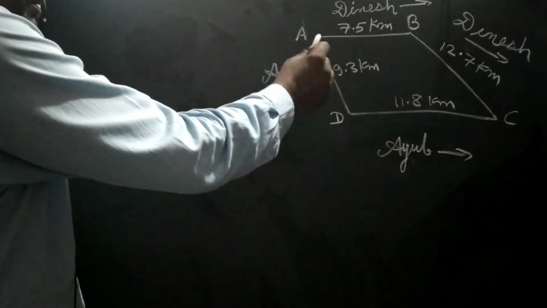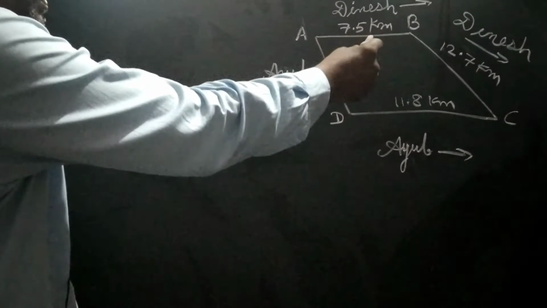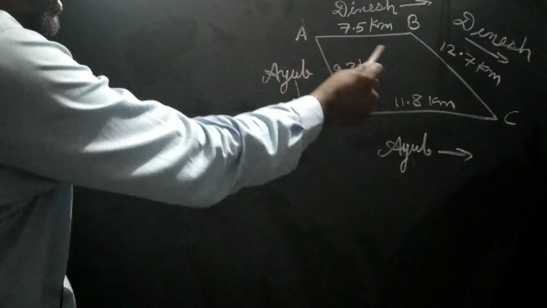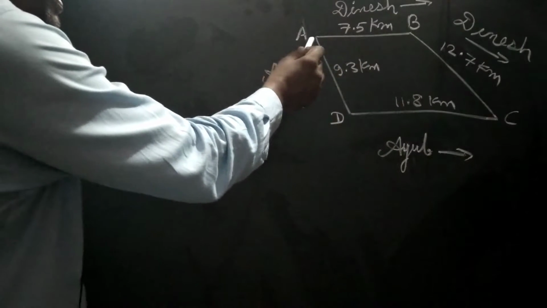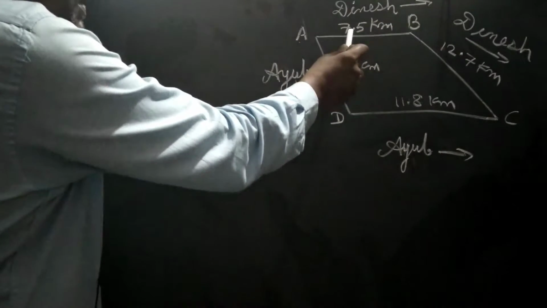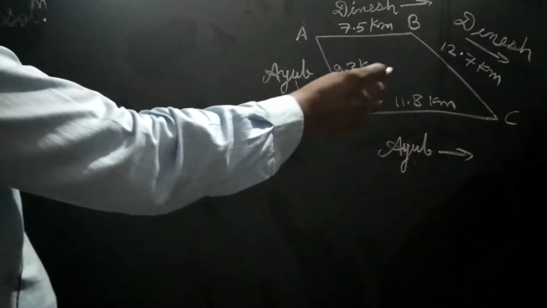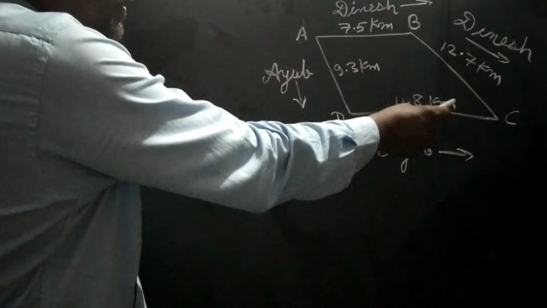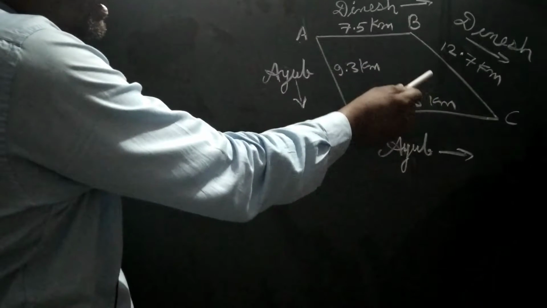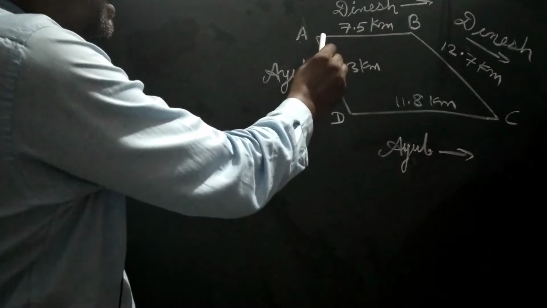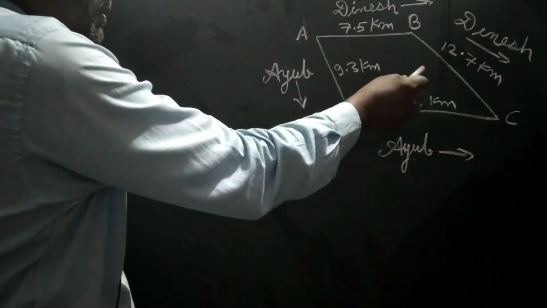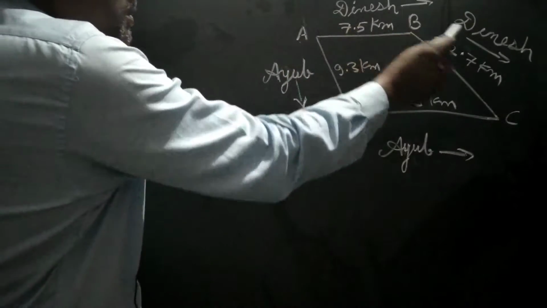According to our question, Dinesh traveled A to B and from B to C, and we have been given the distance between AB as 7.5 km and the distance between B and C as 12.7 km. So the total distance covered by Dinesh is AB plus BC.